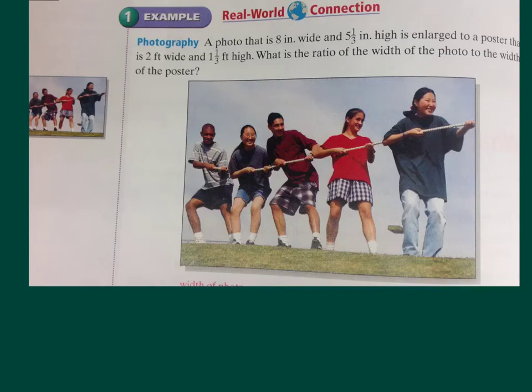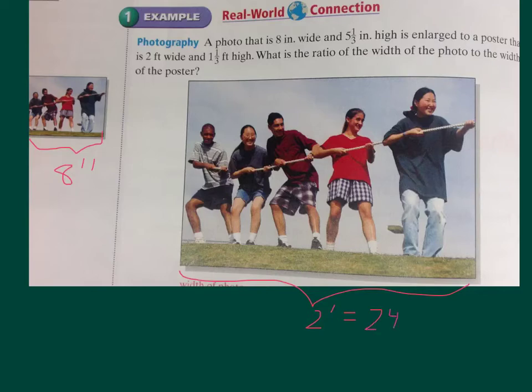All right, in example 1, they're asking us to write a ratio of the width of the photo to the width of the poster. They tell us the width of the photo to be 8 inches. They tell us the width of the poster to be 2 feet. So the first thing we're going to do is have to change either inches into feet or feet into inches.